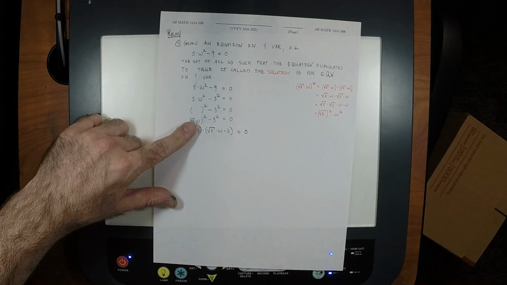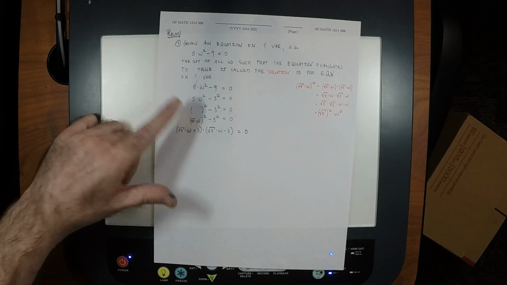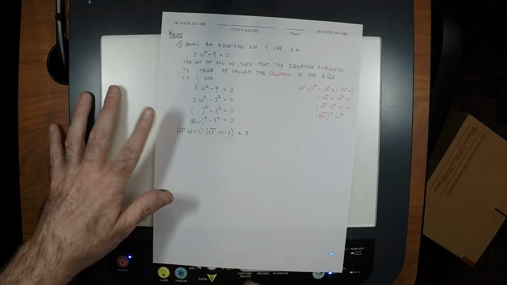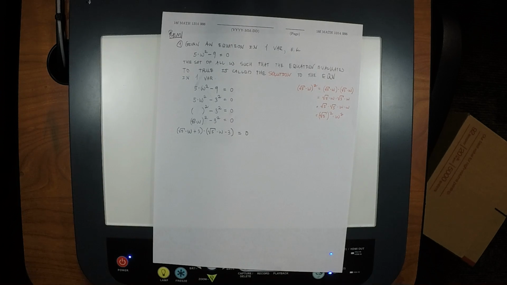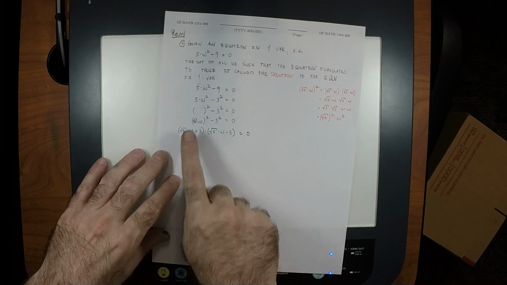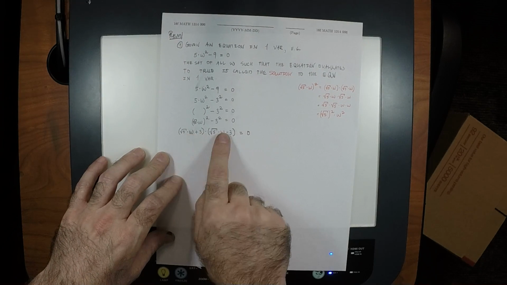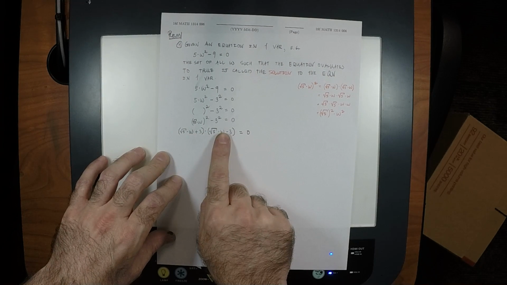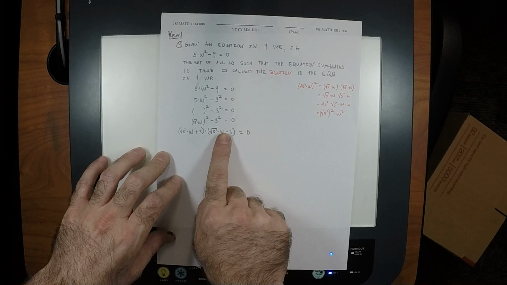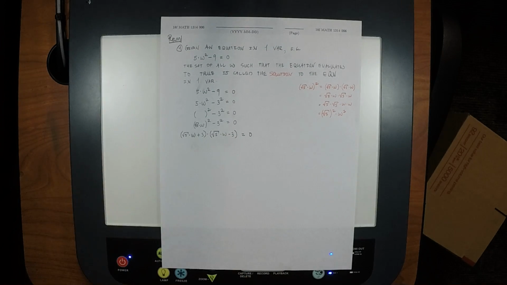It has to be 0. So here's the deal: we have two things being multiplied together, and the result needs to be 0. That means at least one of them has to be 0. If that one is 0, then the other one can be anything else. And if they're both 0, that would be okay too. But that's not possible in this case.